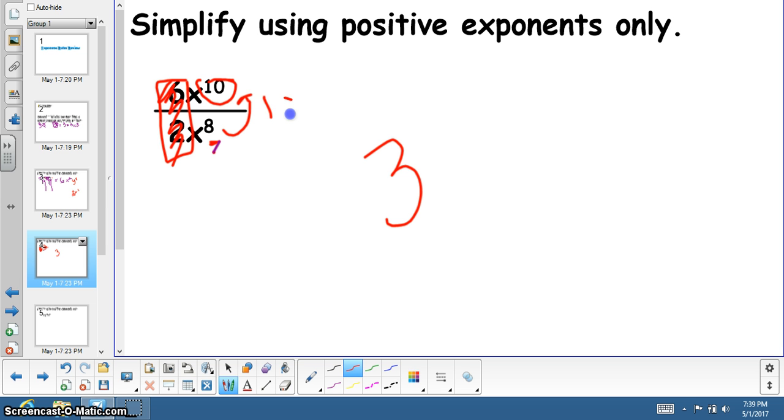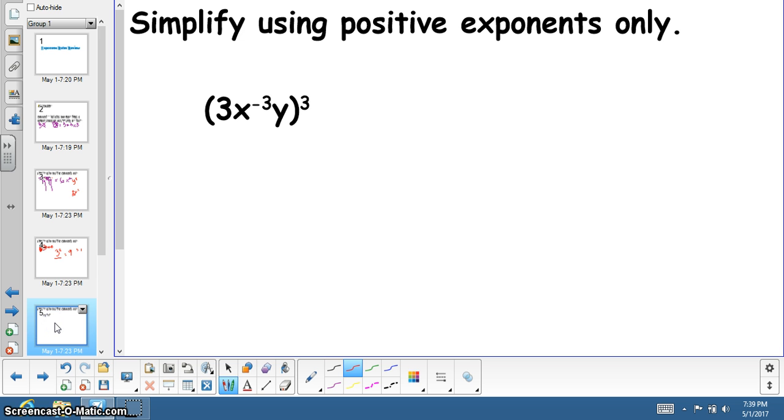So this is saying 10 minus 8 because it's positive originally, but I moved it up. Therefore, my final answer is 3 squared because 10 minus 8. I could simplify that more to what? Not 6, but 9 because 3 times 3. But I can also leave it like this because it says simplify using positive exponents only.